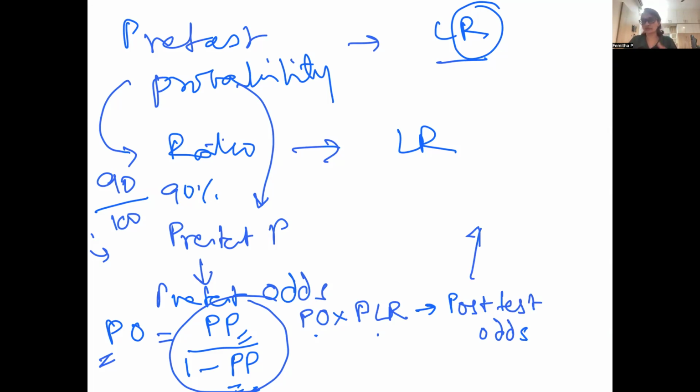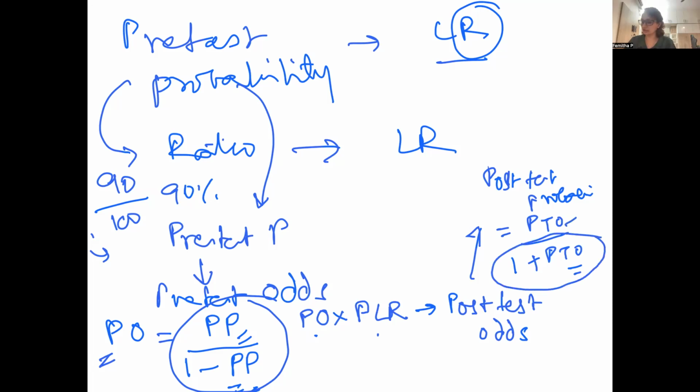So you convert post-test odds into post-test probability: post-test probability is equal to post-test odds divided by 1 plus post-test odds. You just combined the numerator and the denominator in this. So here you made it. This is a part of this now.